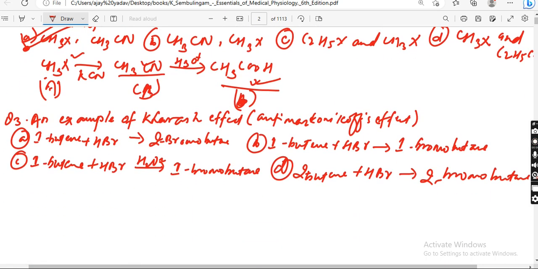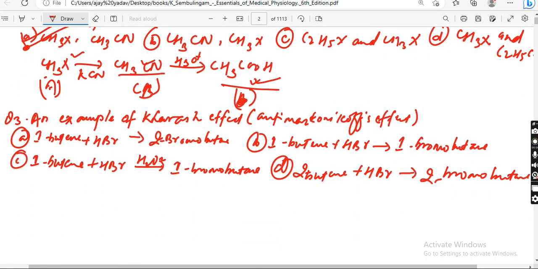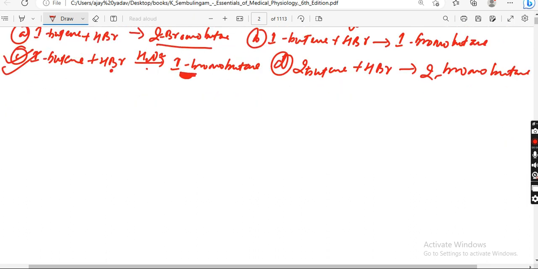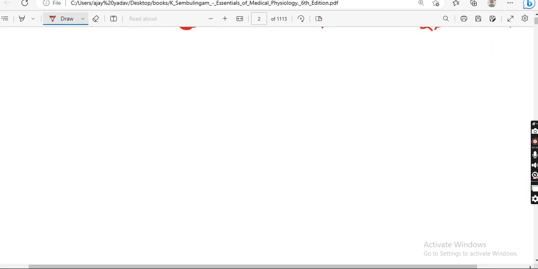So let us see here. The actual answer is option C, as we have discussed in the previous slide. The peroxide effect is only seen in case of HBr, right? See my previous video, you'll understand why this has happened.